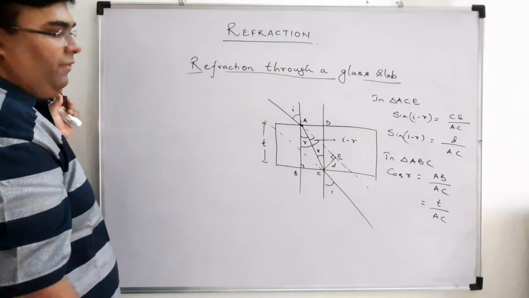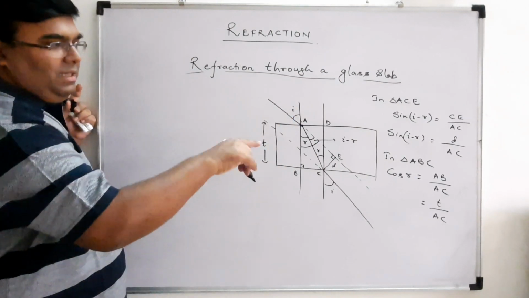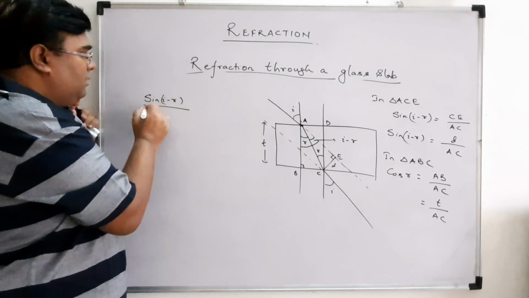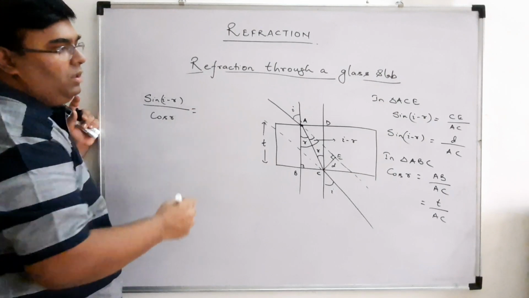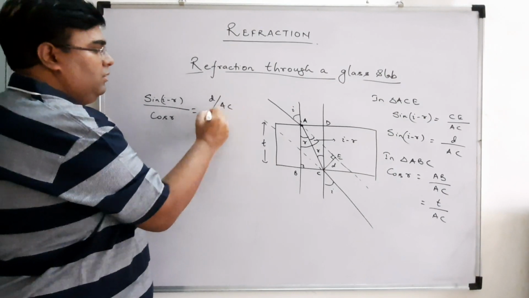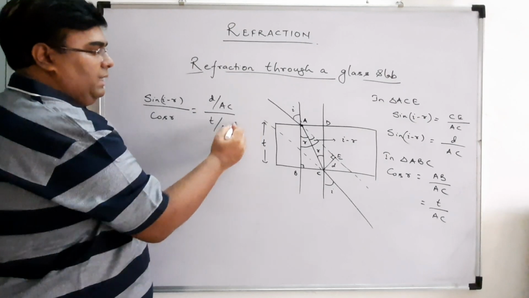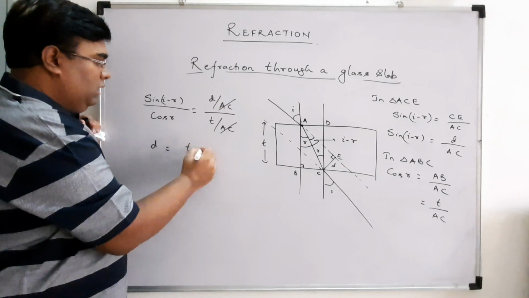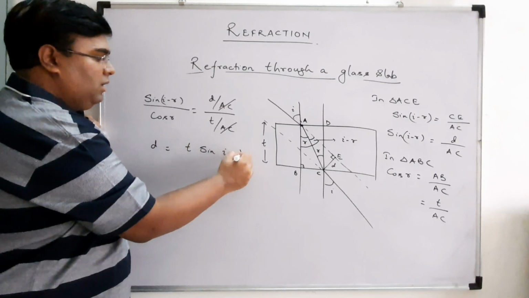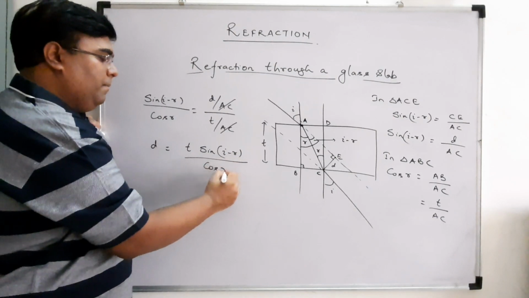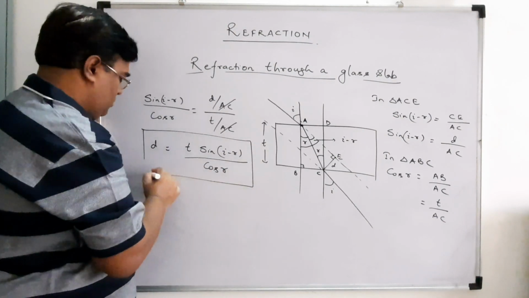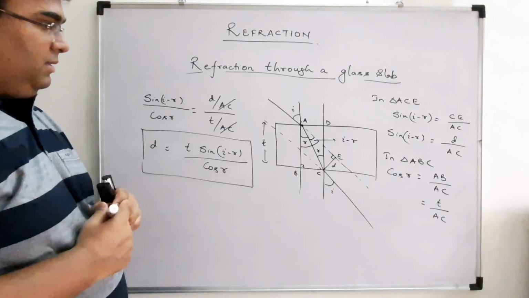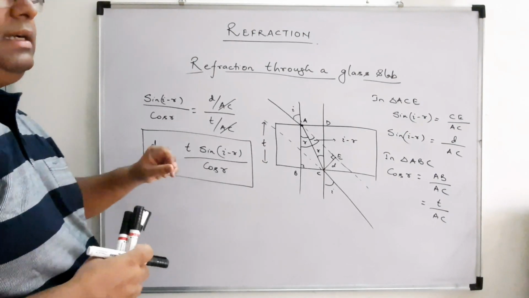So if we divide these two equations, your AC will get cancelled and you will get sine of I minus R upon cos R, which is D by AC upon T by AC. AC will get cancelled. So you will get D equal to T sine of I minus R upon cos R. So if you know I, you know R, and you know the thickness, you can calculate the lateral displacement.